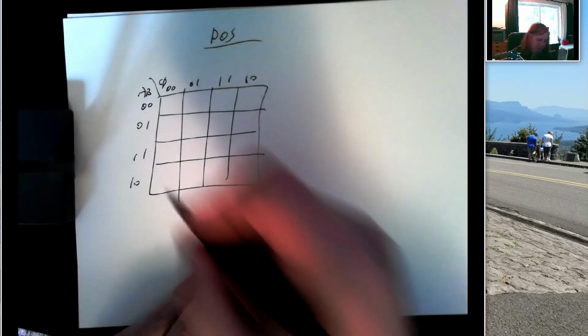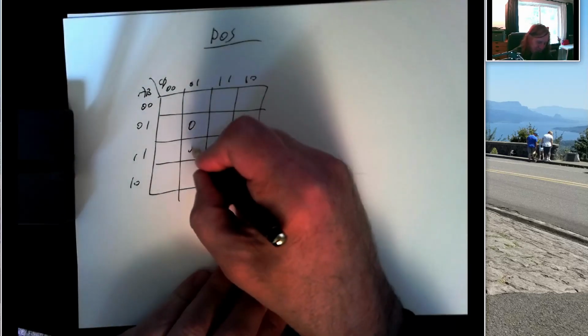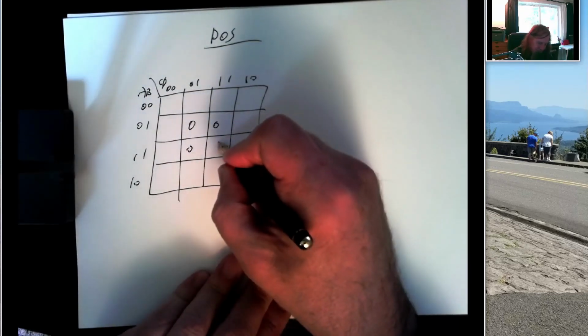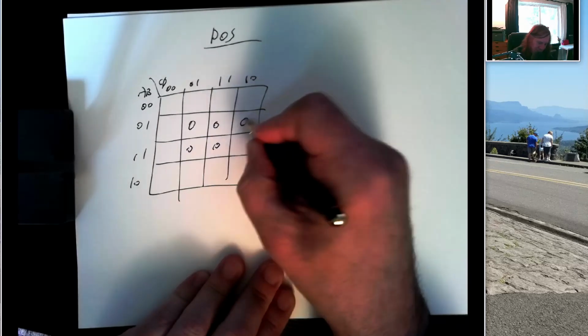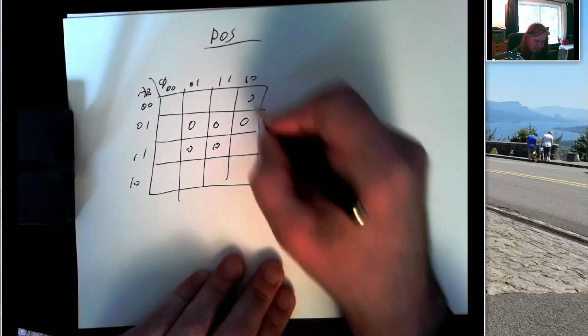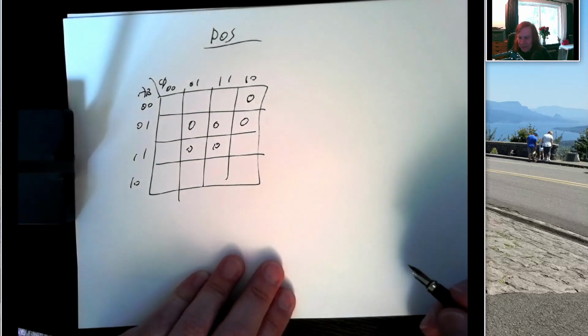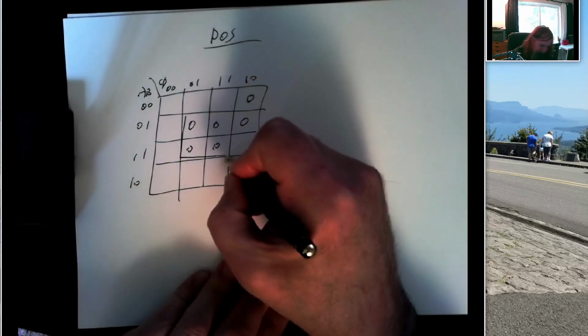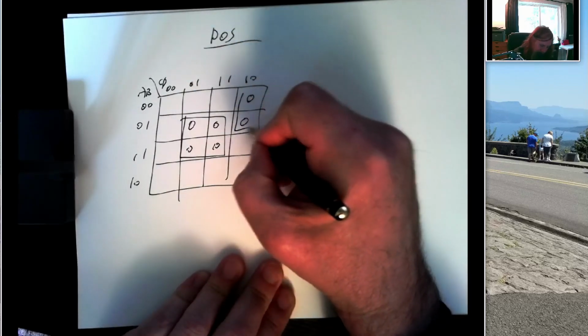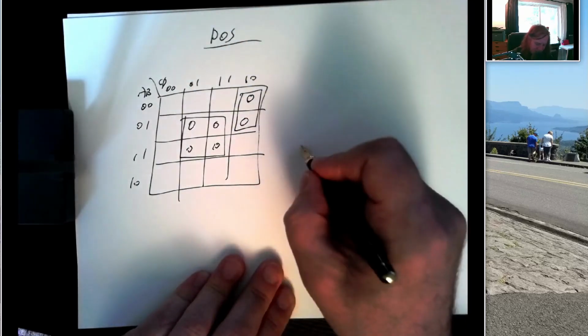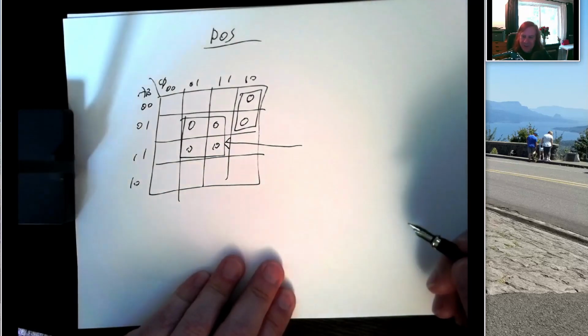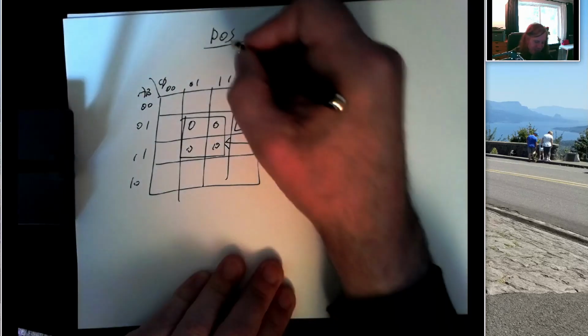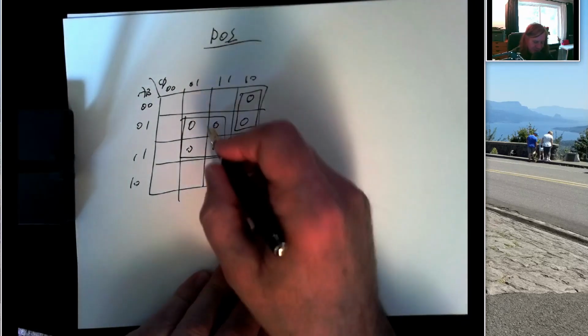Well, we're going to copy our zeros into our K-map. And we'll also copy our don't cares. So suppose we copy our zeros, and this is what our K-map looks like. We use the same rules for covering. So there's an optimal cover. And we write an expression, but it's going to be a sum expression corresponding to this box.